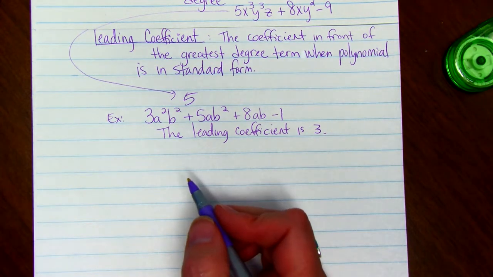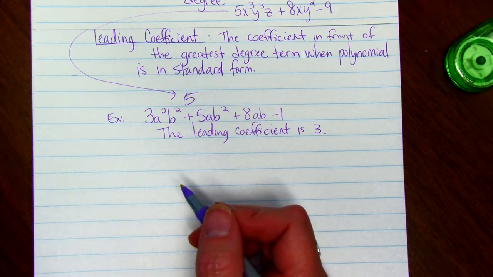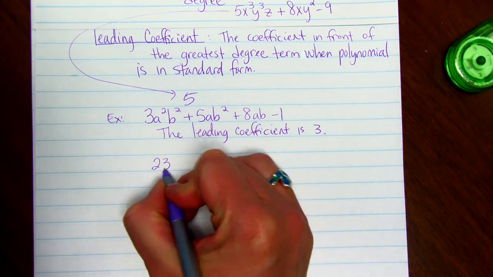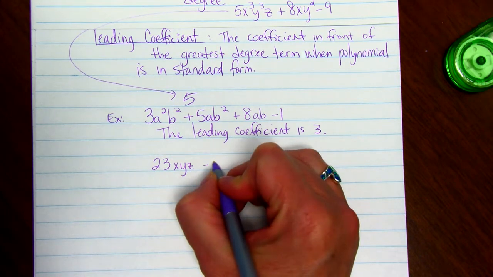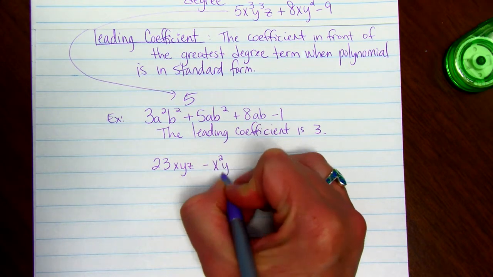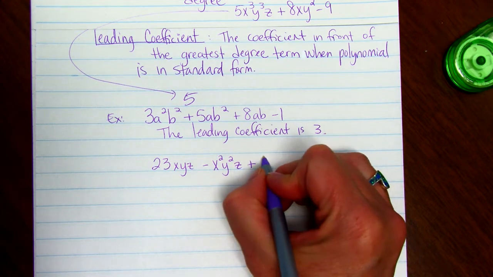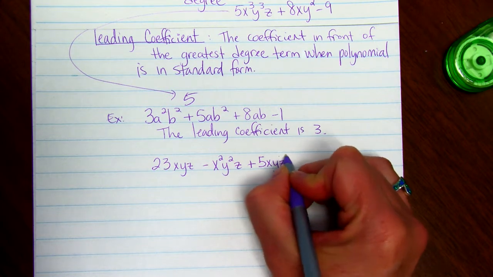I want to do one more, where we have 23xyz minus x squared y squared z plus 5xyz squared.